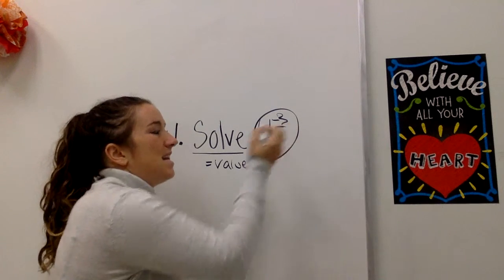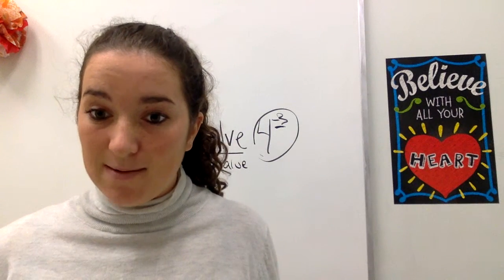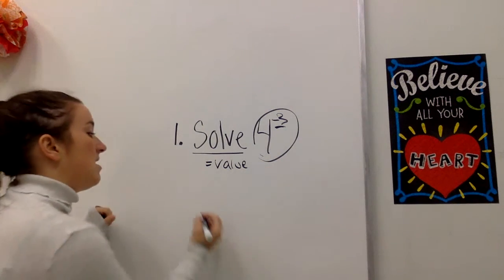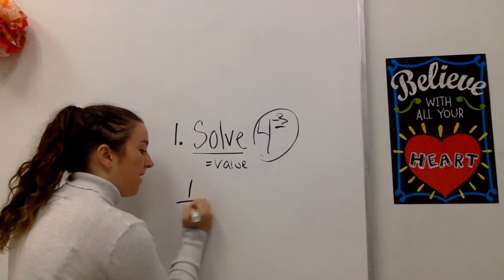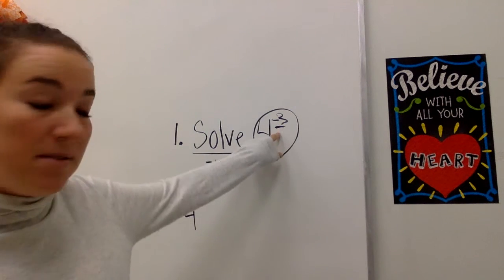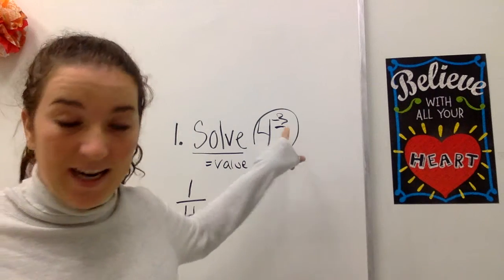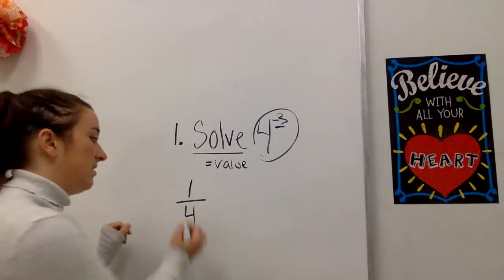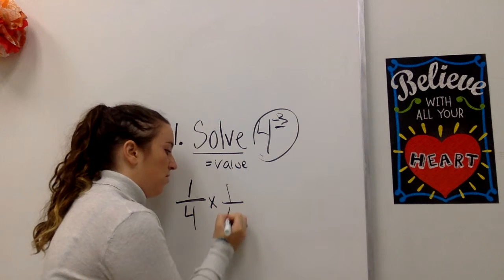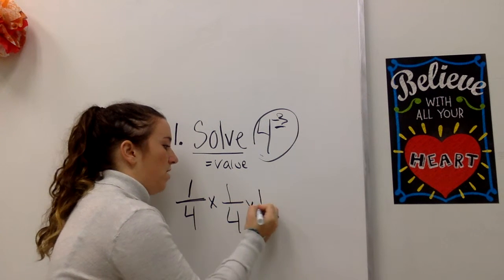My exponent is negative. Does that mean my answer is going to be negative? No, that negative exponent tells me that when I expand it, I write it as a fraction, because I'm doing the opposite of multiplication. I'm dividing. Division is the same as a fraction. So I have 1/4 times 1/4 times 1/4.